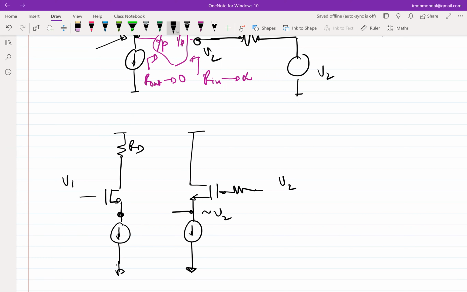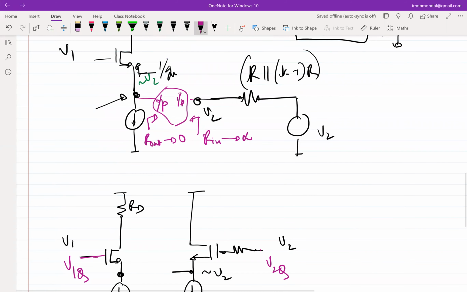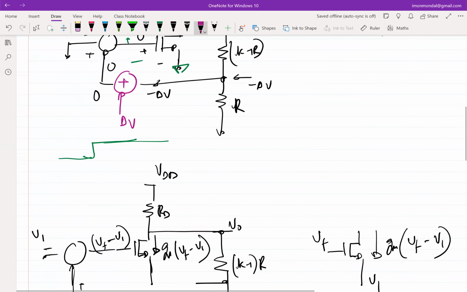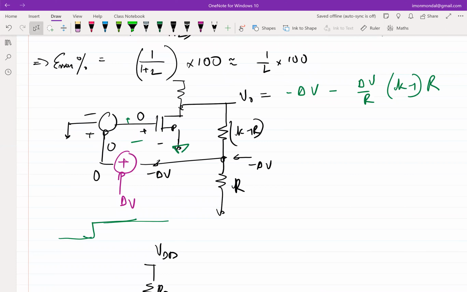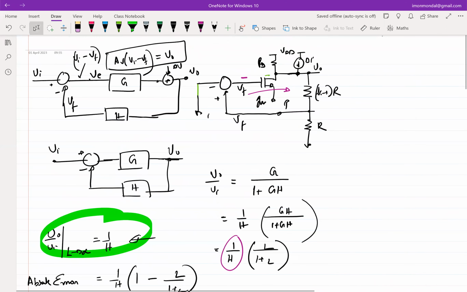So now, can you comment on this? Let's assume these two voltages are quiescent-wise identical, right? So let's assume this voltage is V1Q, and this is V2. Okay, so I don't even have to assume this. If the loop works properly, then these two voltages will be identical.